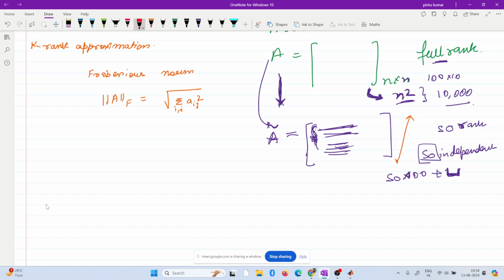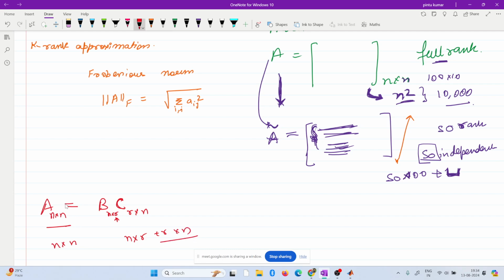One more thing I want to mention. Let's say this is a matrix A, and you can write it as a product of two matrices such that this is n cross n, and this is some n cross r and this is some r cross n. So if you can write it in this form where r is very small, then again you can reduce from n cross n to n cross r plus r cross n size.